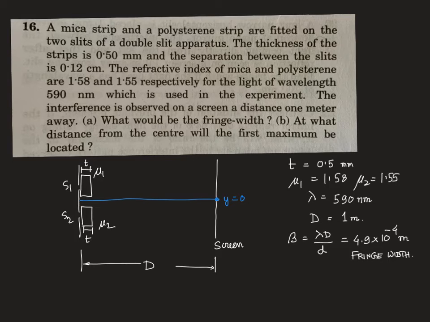Okay, now next part, what has been asked, this part B: at what distance from the center will the first maxima be located? So let us locate the central maxima. So let there be a point P where you have the central maxima, and for the central maxima let the coordinate be y naught.